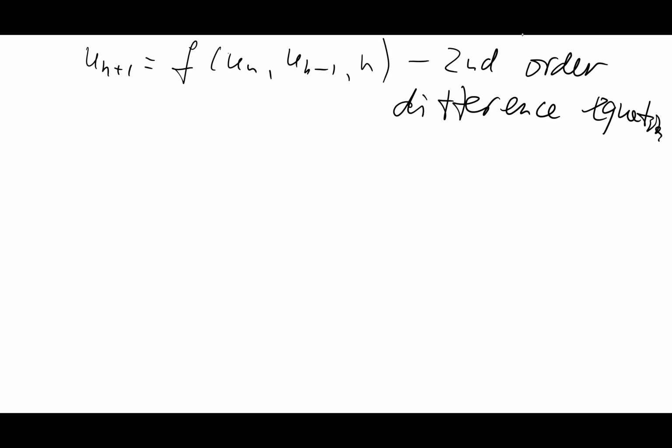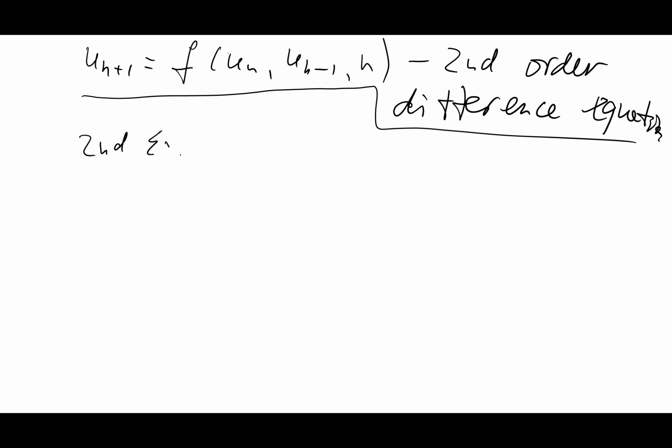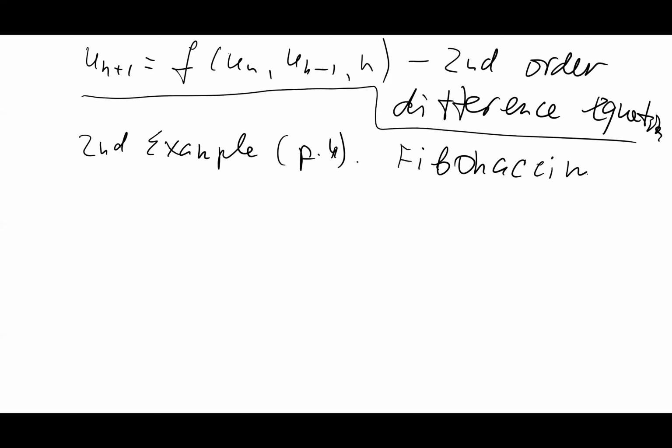And I will illustrate it using a second example. Second example in the lecture notes, on page 4, is called the Fibonacci model. This Fibonacci model was designed a long time ago, I think in the 13th century, maybe 14th, maybe even earlier.